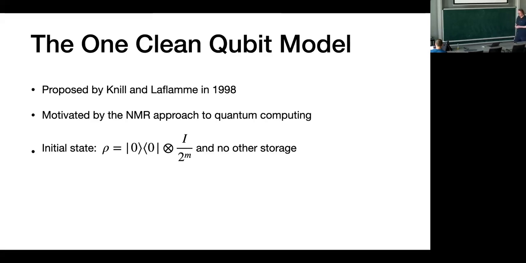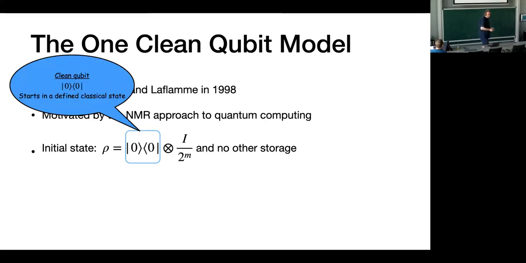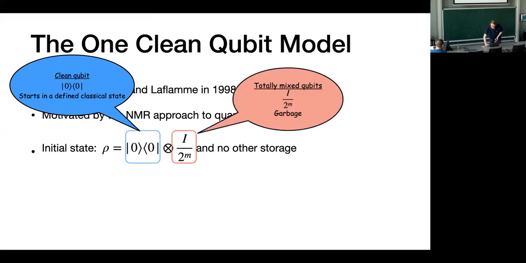Now, it would seem that this isn't good for all that much. So this is the clean qubit, and this is the stuff that you would think is really not good for anything. And on its own, it wouldn't be good for anything, because if your storage is just simply garbage, then nothing interesting can happen. There are no intermediate measurements.